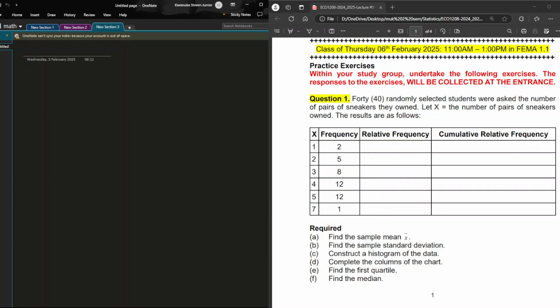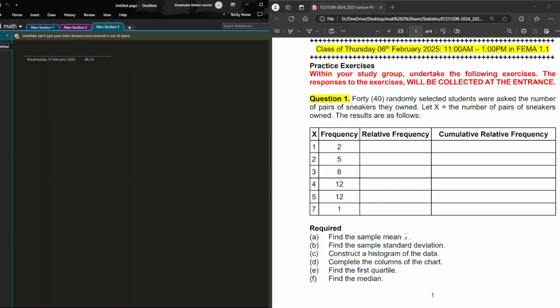Something we need to note about this data is that we should always keep at the back of our mind whether the type of data is grouped or ungrouped. That is very imperative. So when we look at this data, is it grouped or ungrouped?